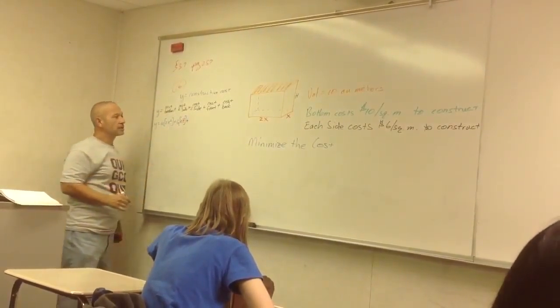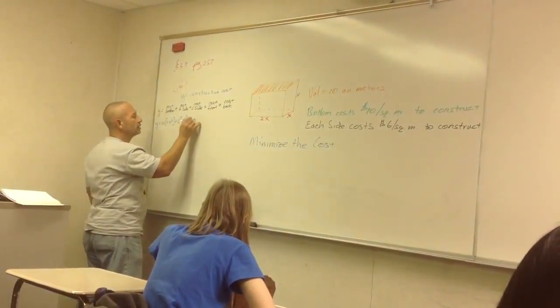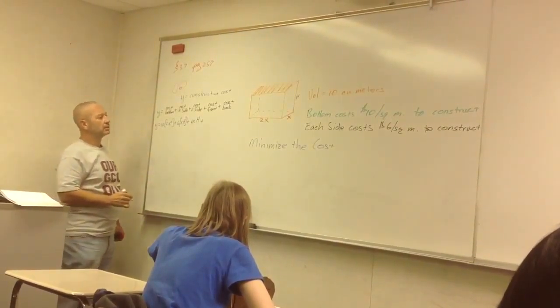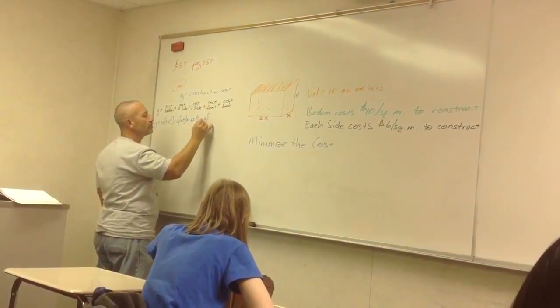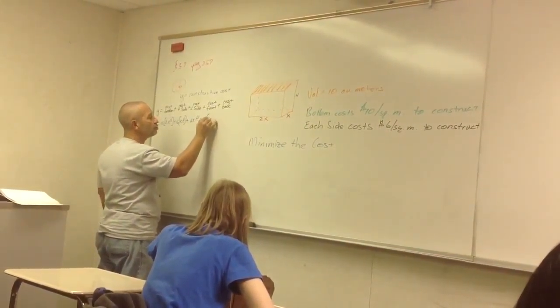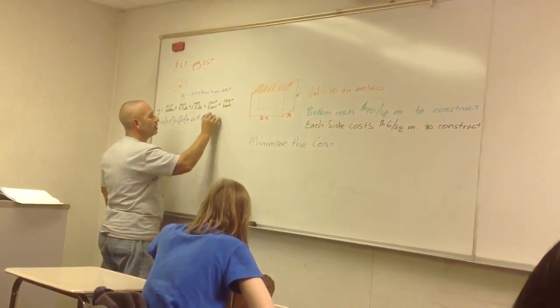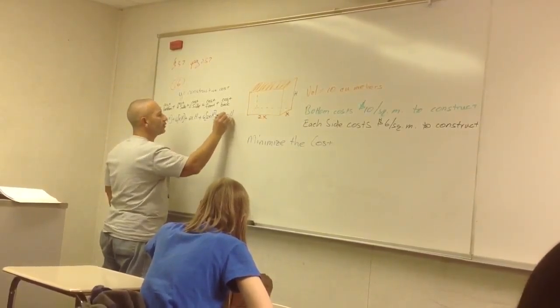How much does it cost to build the left side? 6xh. How much does it cost to build the front? 6 times the area of the front, which is 2xh. I guess I'm making a capital H there. And the cost of the back is the same, in other words, 12xh.